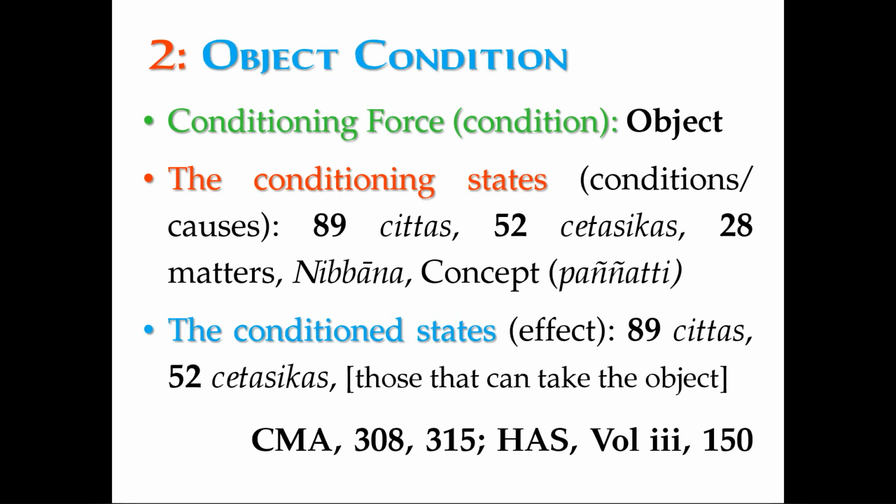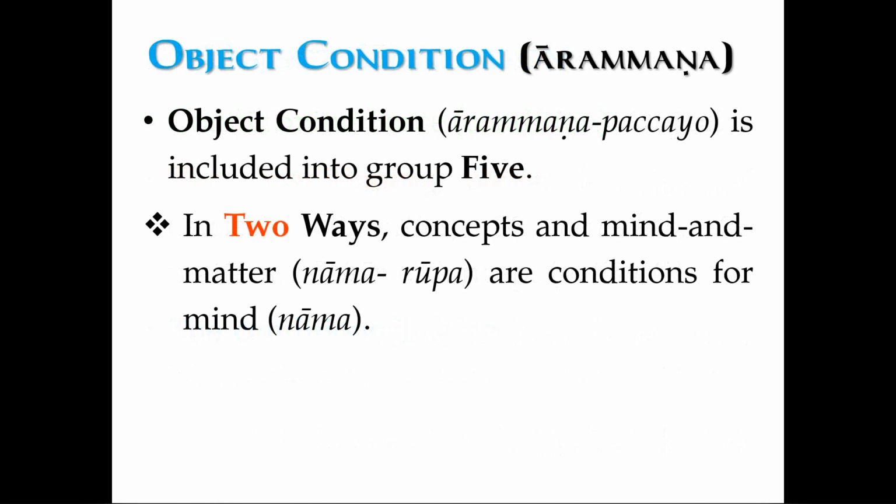So when we look at the 6-4 relationship, object condition is included in group 5. Look at page number 305.